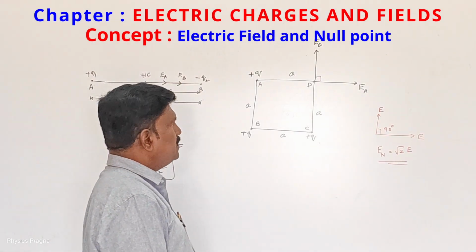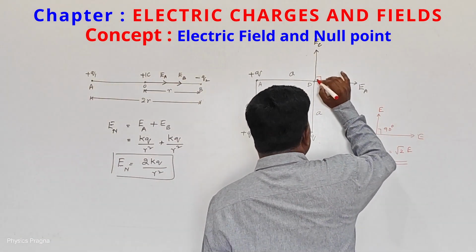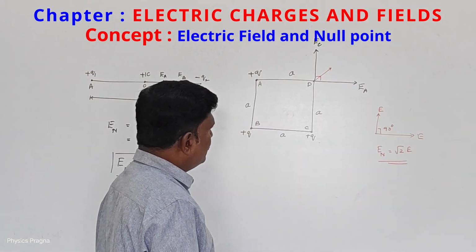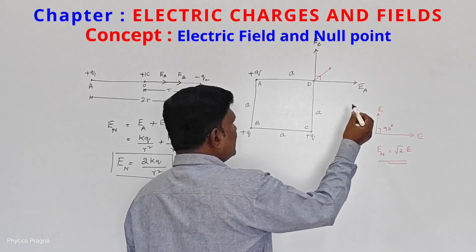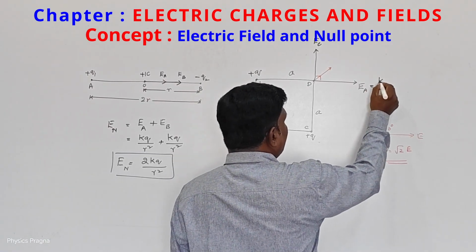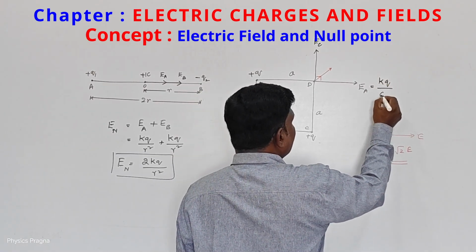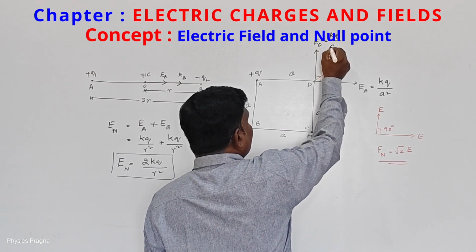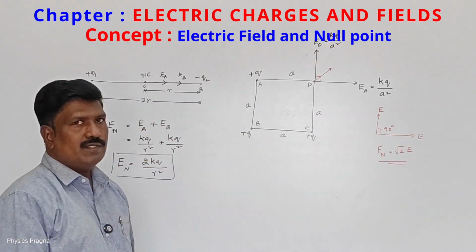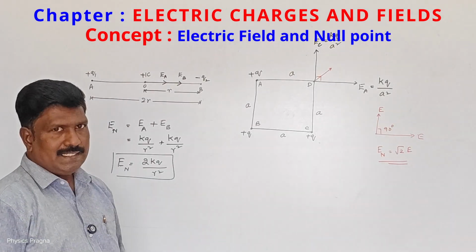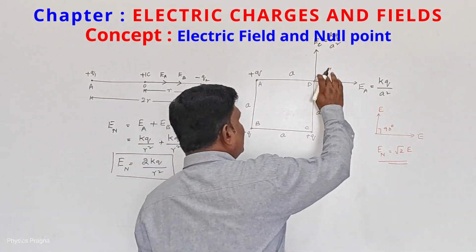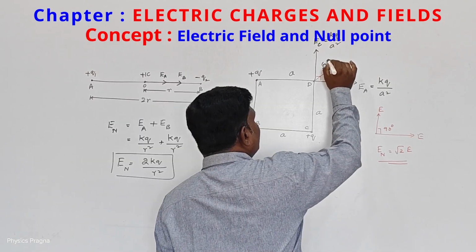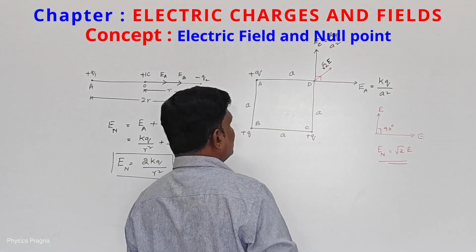Both charges are Q, and the distance is a only. E_A is kQ by a square, and E_B is also kQ by a square, so E_A is equal to E_C. That's why in this direction root 2 E will be there. E is the resultant of these two.